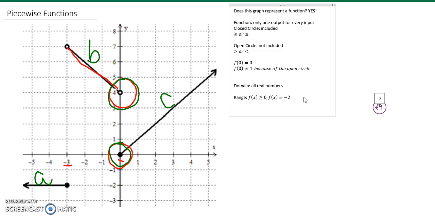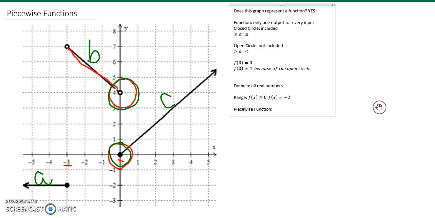Since we have defined that this graph is a function, we can write an equation for the function. First, let's give this function a name. This function we have called f of x, but more specifically, this is what we call a piecewise function.